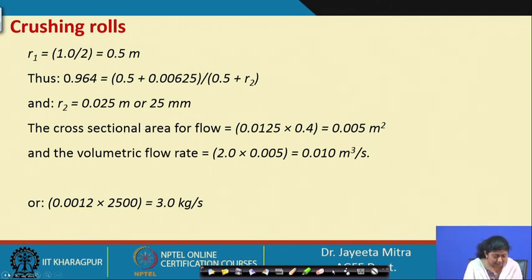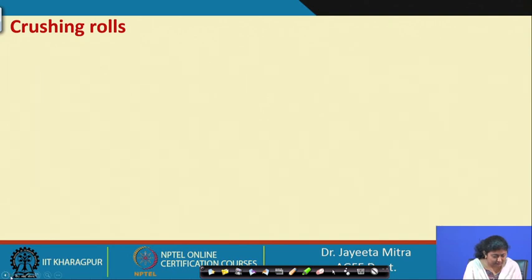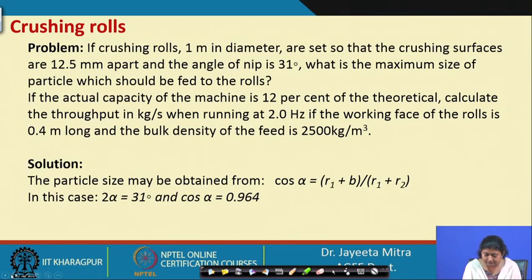So, we will see if all the queries have been answered. Yes, the actual capacity of the machine is 12%, which we have taken. Calculate the throughput in kg per second when running at 2 hertz, that is the frequency, and 0.4 meter long, bulk density is this one, fine.